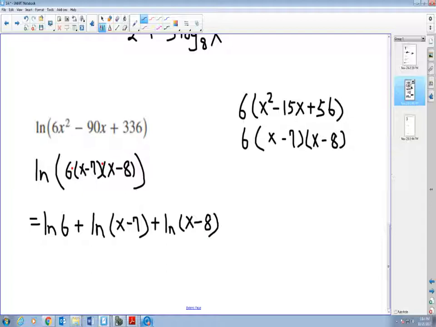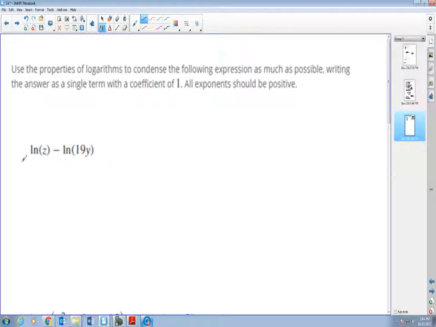Vice versa, this is expanding it. Now what I'm going to do is condense these expressions back to a single logarithm. For example, this subtraction sign, condensed back to a single logarithm will be division.